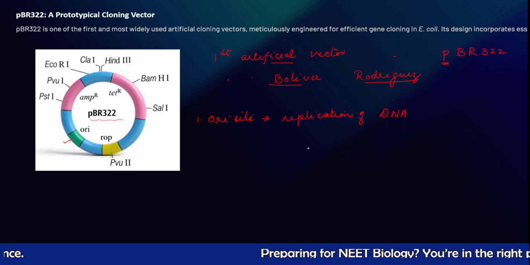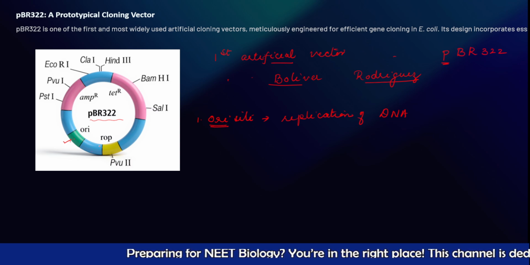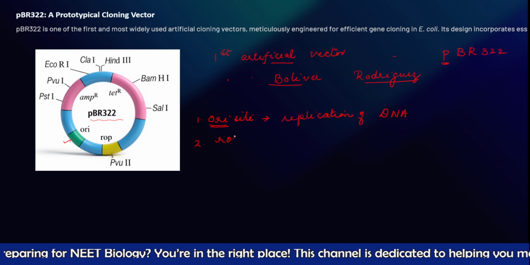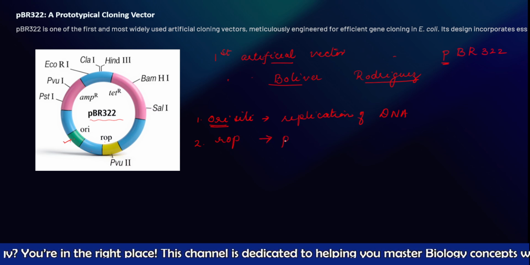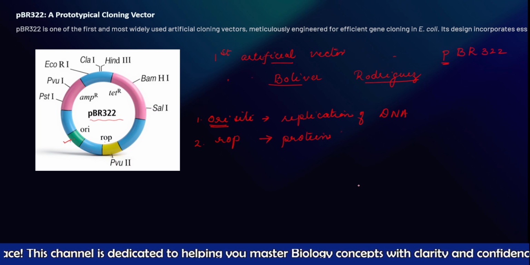Next to the ori site you can see the ROP site. What is the use of the ROP site? Production of certain proteins which are essential for the replication of DNA.